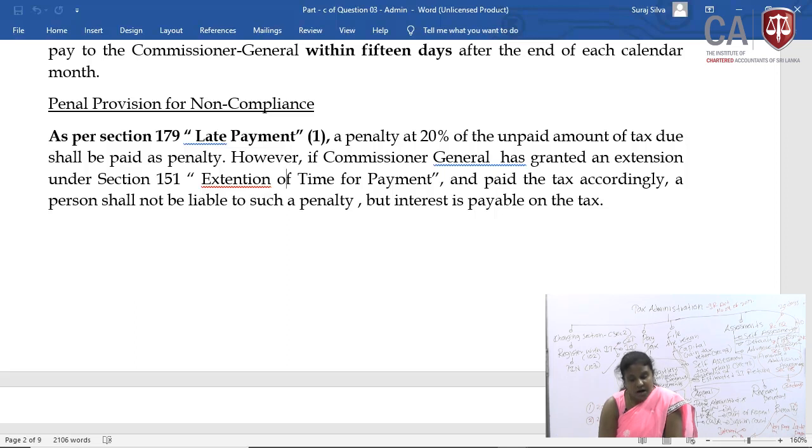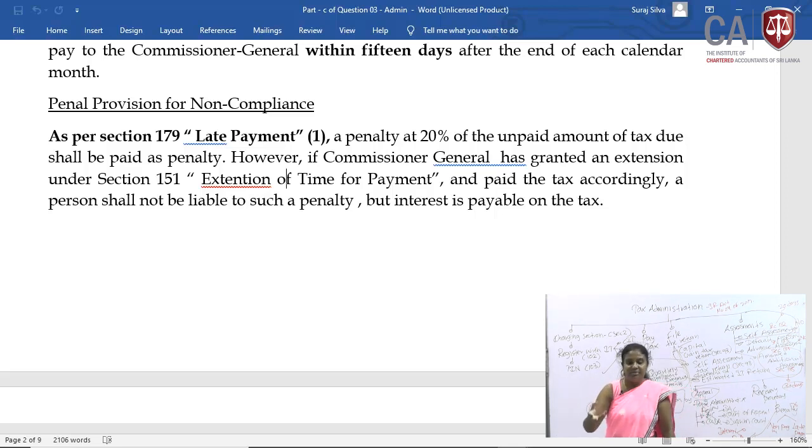However, if the Commissioner General has granted an extension under section 151, a very important section in the Act, I urge you to please go through this section, extension of time for payment, before the exam. If the tax is paid accordingly, a person shall not be liable to such penalty, but interest is payable on the tax.